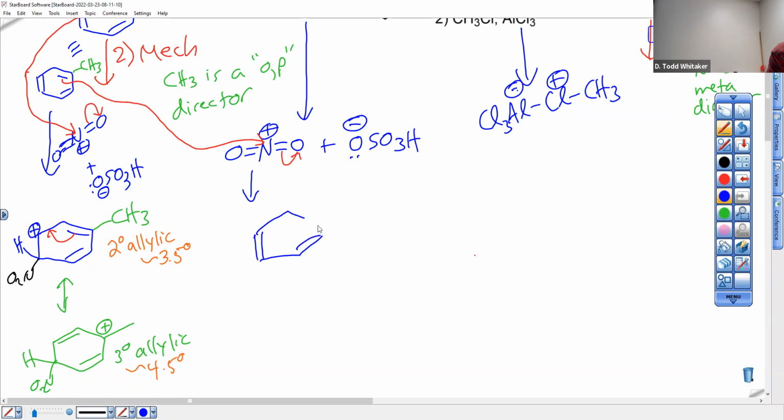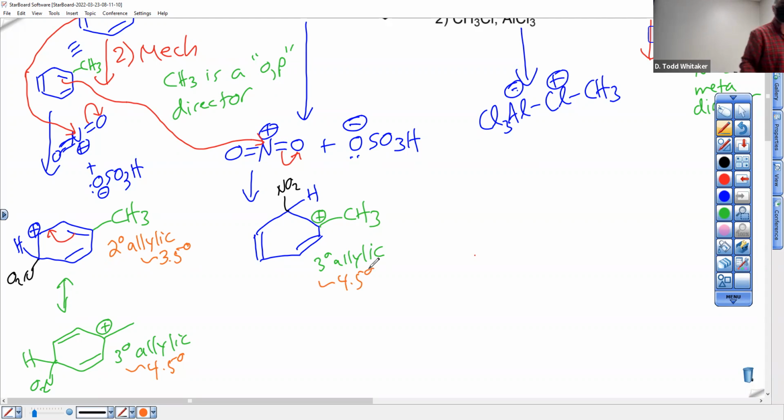Didn't touch this. We had the methyl here. The cation is there, which is already a 4.5 degree cation. So tertiary allylic already, you don't need to talk about other resonance forms. Roughly the same stability as 4.5 degrees.